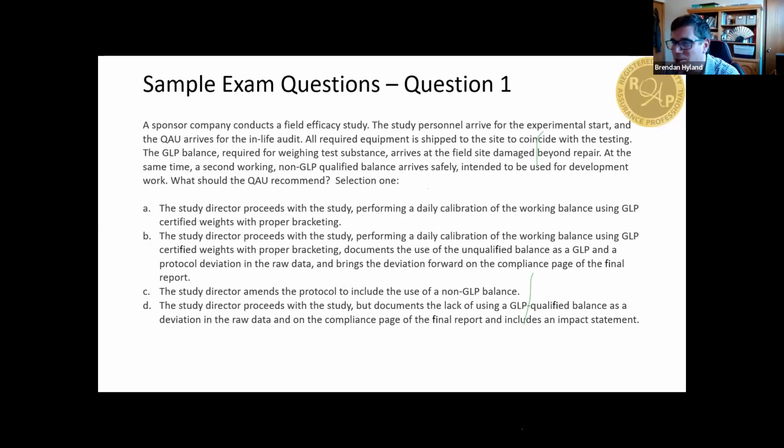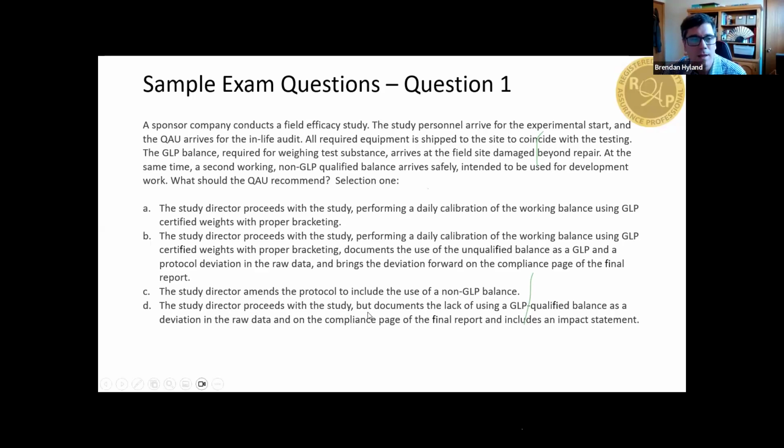I'd ask what that actually means, because it's certainly strange language that doesn't appear in the GLPs, but documents the use of the unqualified balance as a GLP and a protocol deviation in the raw data, and brings the deviation forward on the compliance page of the final report.